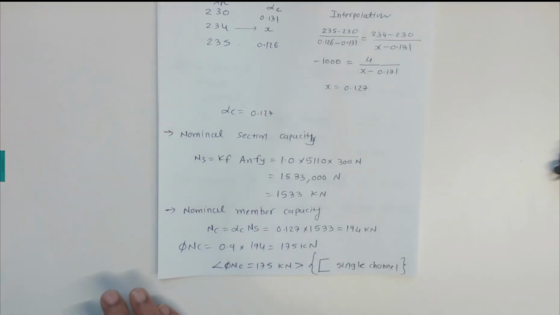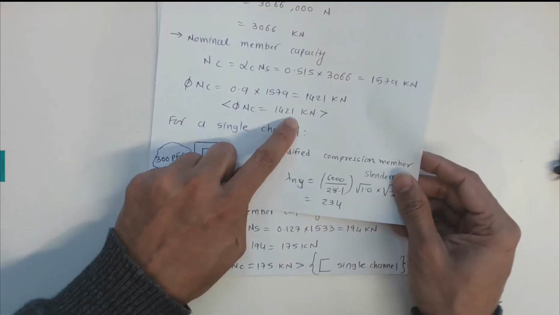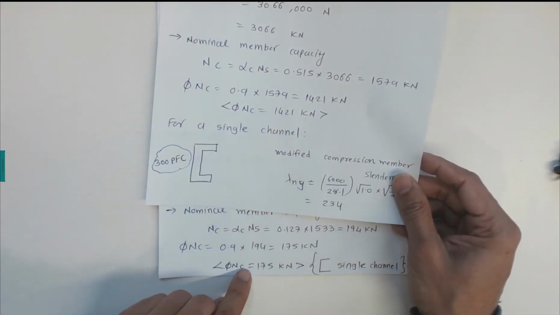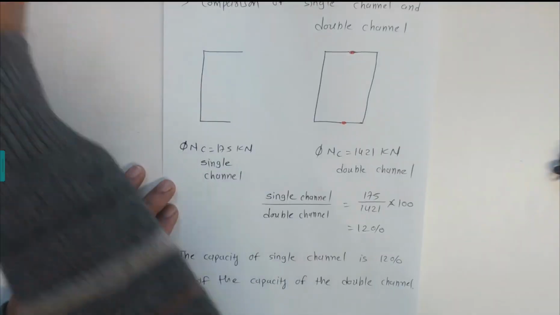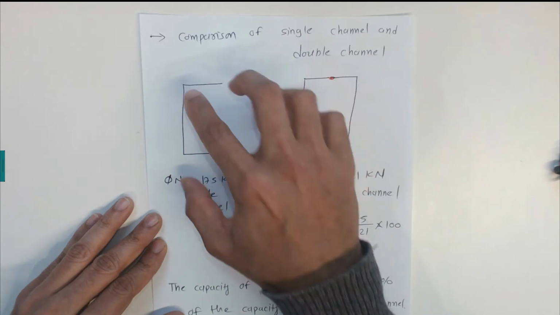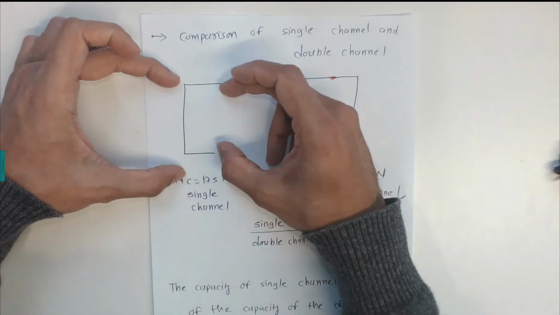Now we are going to compare the two values which we calculated, 1421 for the double and the single one is 175. So let's do the comparison, for single channel and double channel. This is the single 300 PFC, and this is the double, where we welded these two channels.